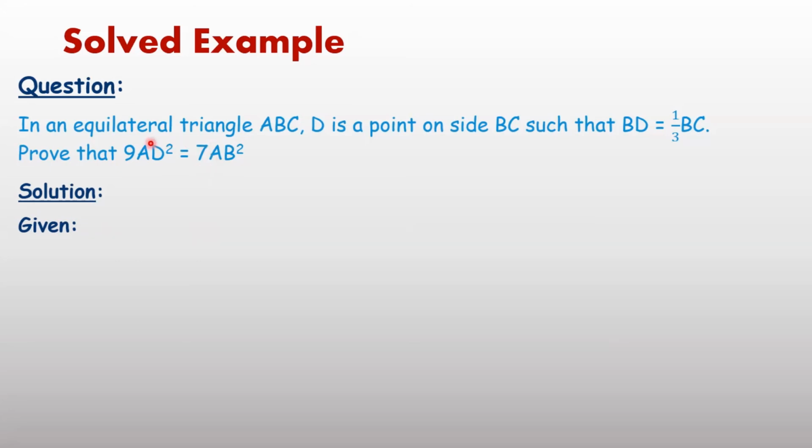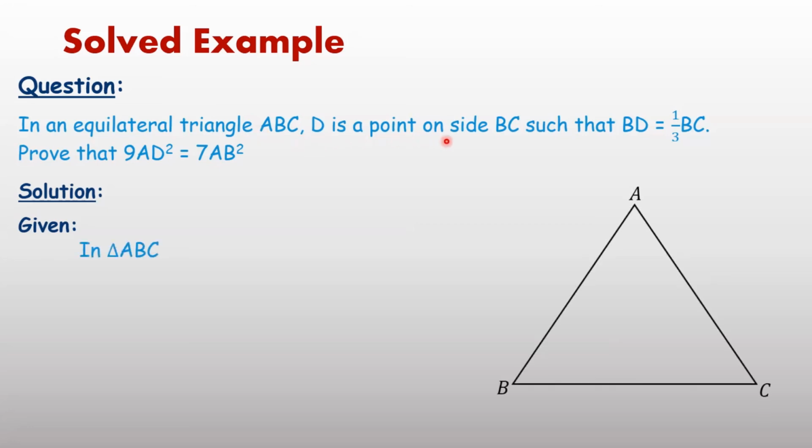Means the given part is equilateral triangle ABC. Second given part, D is a point on side BC, and third given part, the position of D is such that BD equal to 1 upon 3 BC. BD is 1/3 of the whole side BC.